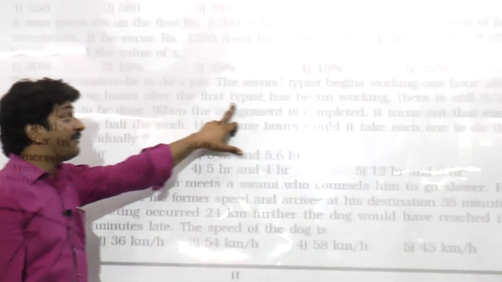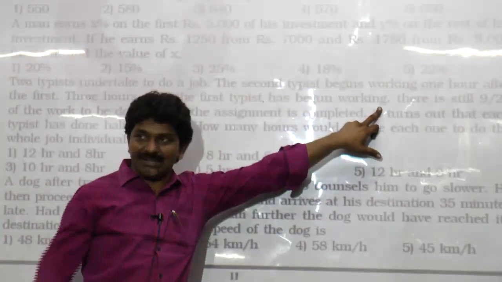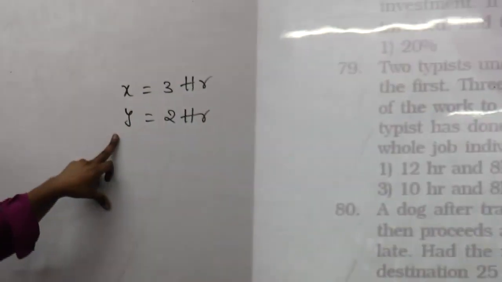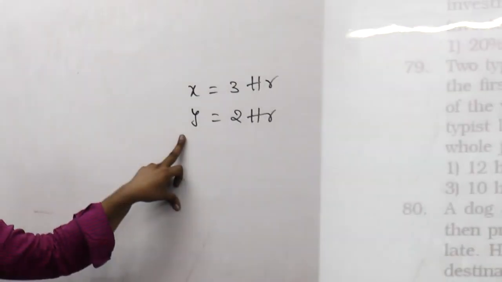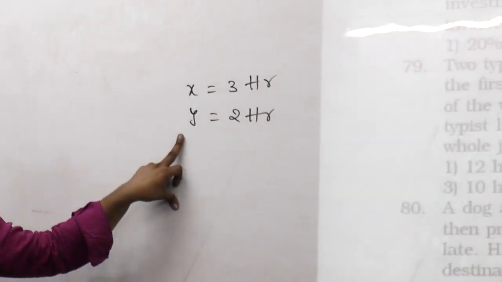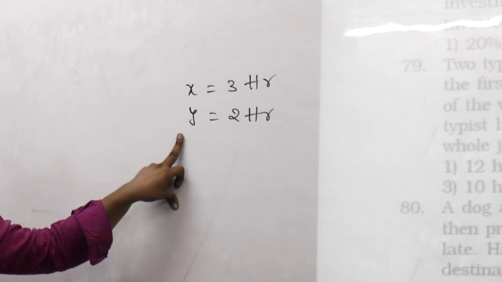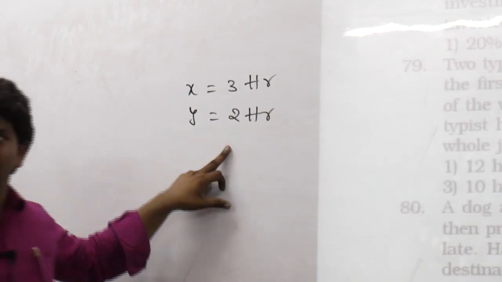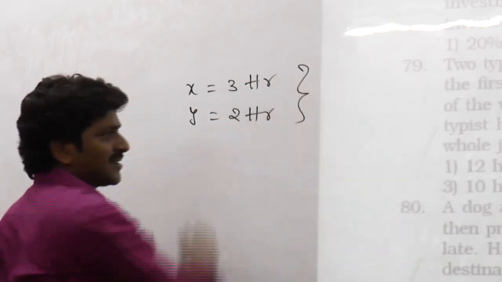3 hours after the first typist has begun working, in a sense, for the first 3 hours the first person will work for 3 hours. The second person started 1 hour after the start of the first person, so out of the first 3 hours he will work for only 2 hours. So what happened after 3 hours?